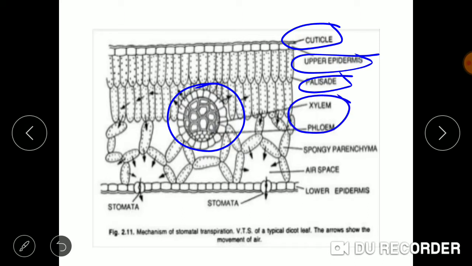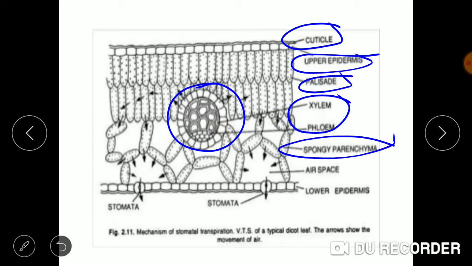Xylem is for the transport of water and minerals, and phloem tissue is for the transport of food material. Next comes spongy parenchyma. These cells have many intercellular spaces between them, which help in gaseous exchange.